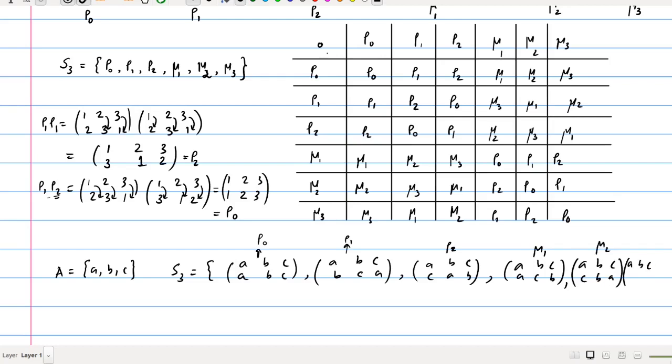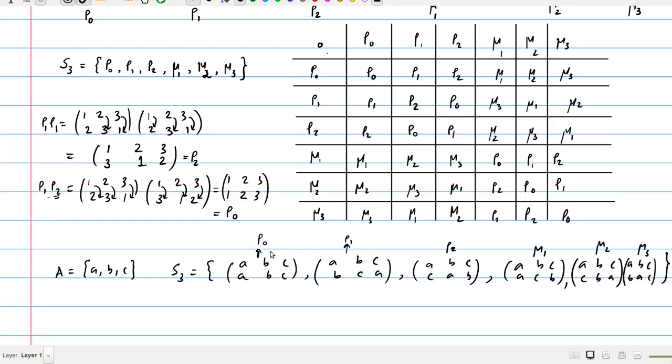Finally A, B, C goes to B, A, C, this is our mu3. So there are several representations for this S3. Even though these are distinct symbols, we call this S3 itself. That's why we take this common name: rho naught, rho 1, rho 2, mu1, mu2, mu3.